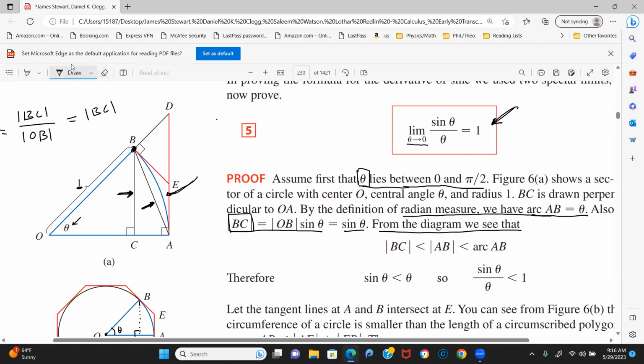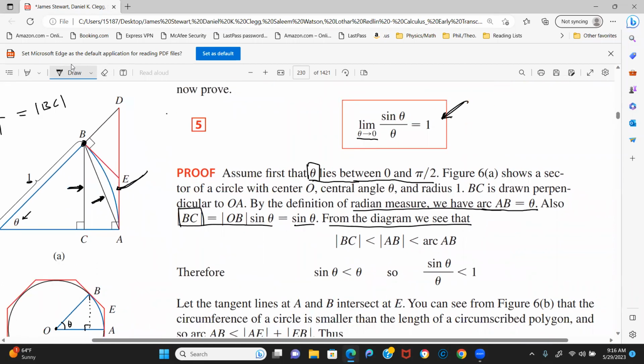But we know that the arc length of AB is just theta, and we know that BC is equal to sine of theta. So what this implies is that sine of theta is less than AB, and that's less than theta. So that's why we get this right here.